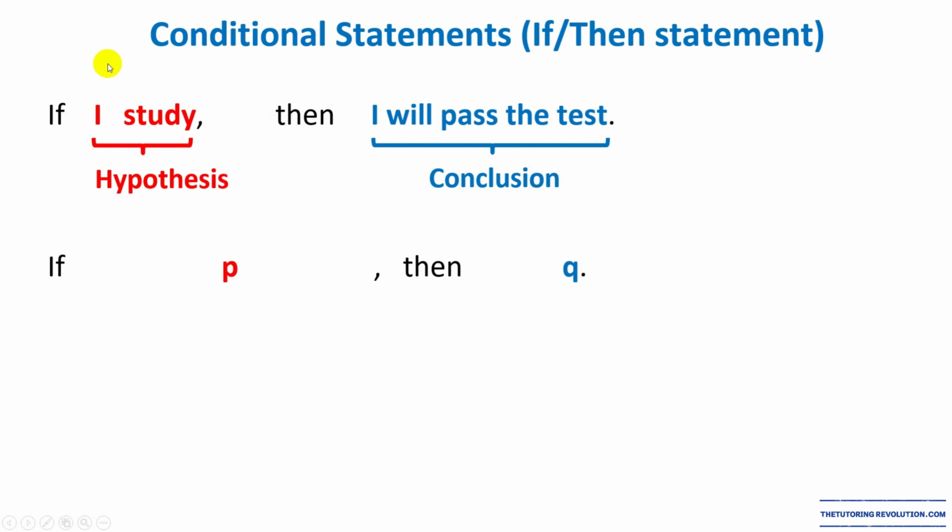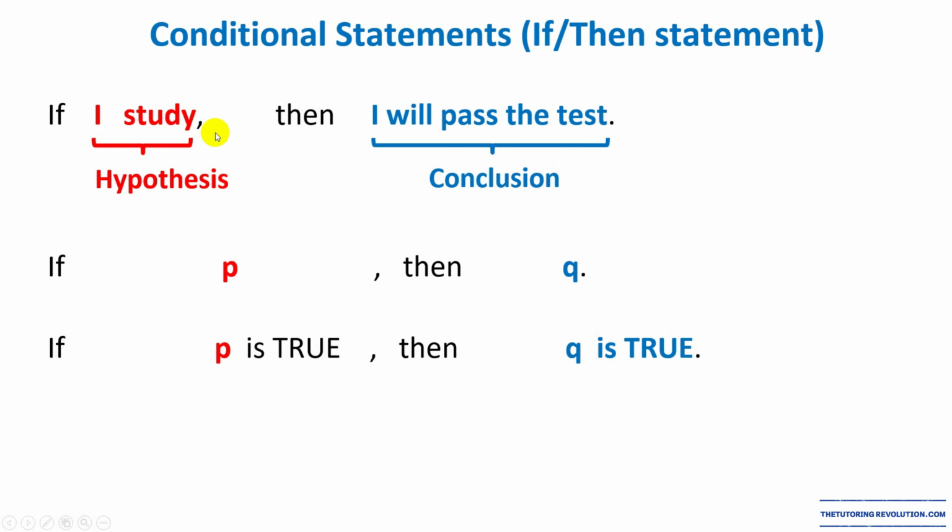So, if P, then Q. P represents the hypothesis and Q represents the conclusion. In this particular example, P is I study and Q is I will pass the test. If P is true, then Q is true. So if the hypothesis is true, then the conclusion will be true as well, according to this conditional statement.